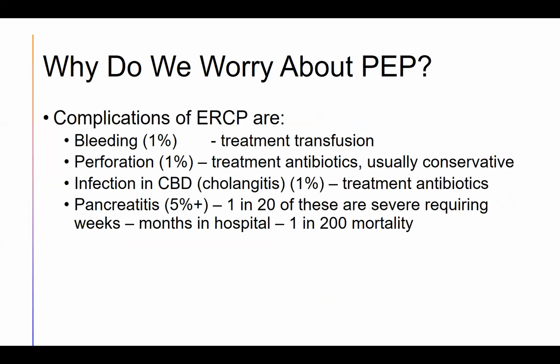And patients, they can bleed, they can perforate, they can get cholangitis, but 1 in 20 will get pancreatitis from an ERCP, and of those, 1 in 200 will die. So it's quite a significant sort of risk.